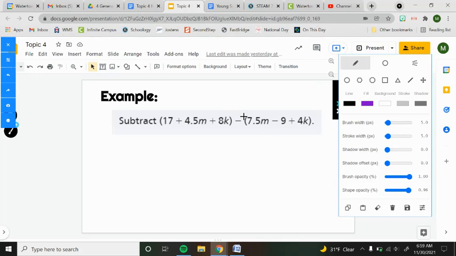So the first thing I'm going to do, I have my invisible one. I'm going to distribute it to each thing on the inside of the parentheses. So my first expression, as I said before, does not change. I've got 17 plus 4.5m plus 8k.